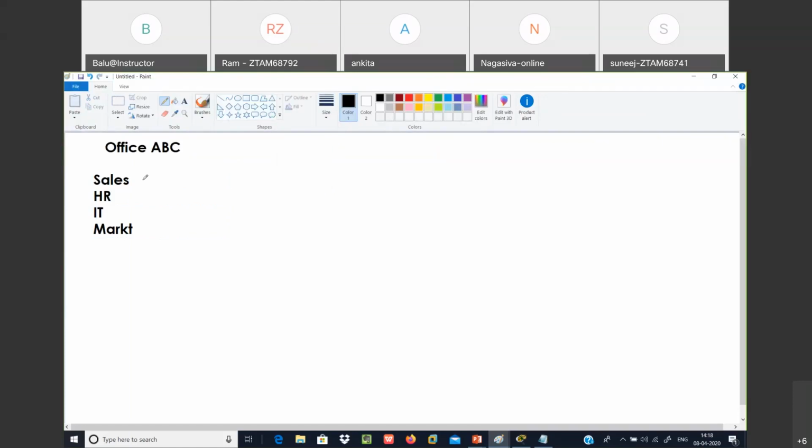So the first department, sales department, has 50 computers. Here I have 50 devices. For HR department, 50 devices. For IT department, 50 devices. For marketing department, 50 devices.